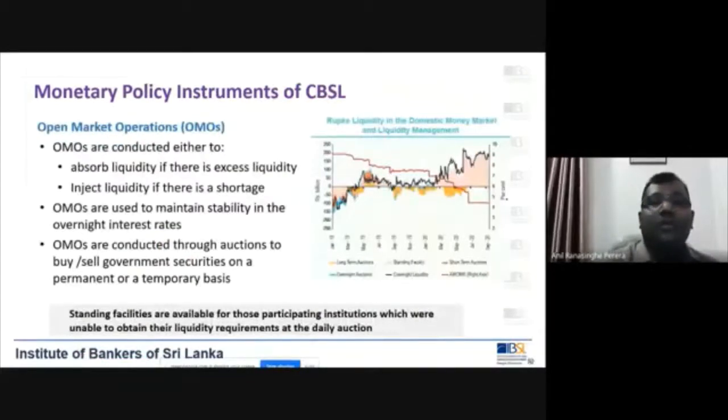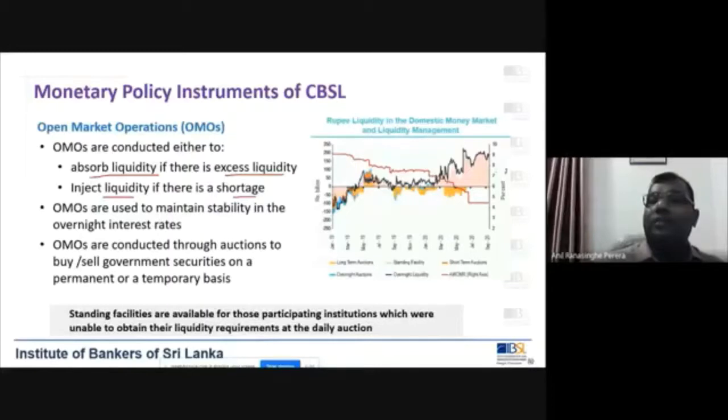So this is what's happening under open market operations. I told you open market operations are carried out using these interest rates to absorb liquidity when there is an excess, or to inject liquidity when there is a shortage. So now in this chart, there are some periods.